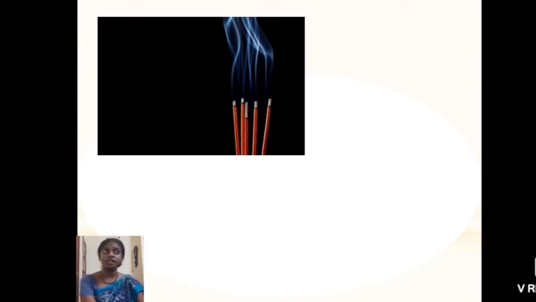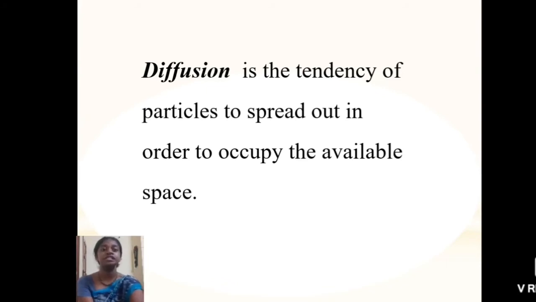Therefore, from these two activities, we may conclude that the particles of gases and liquids can move more easily than the particles of solids. This movement is called diffusion. So let us see the definition of diffusion. Diffusion is the tendency of the particles to spread out in order to occupy the available space.